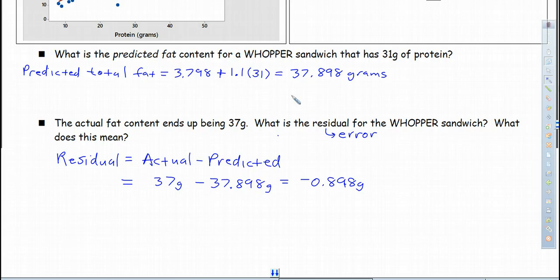So what does this tell us? Well, we can see by the numbers that what actually happened was below what we predicted.